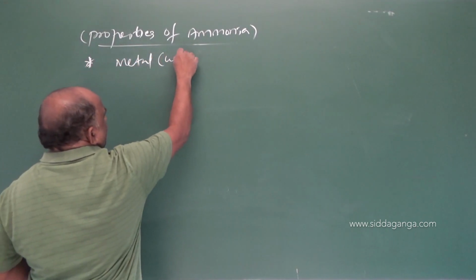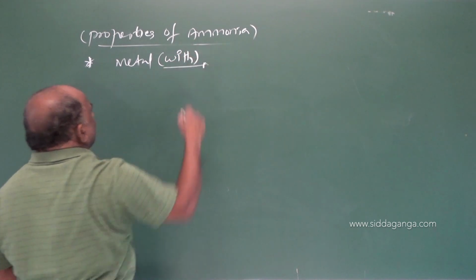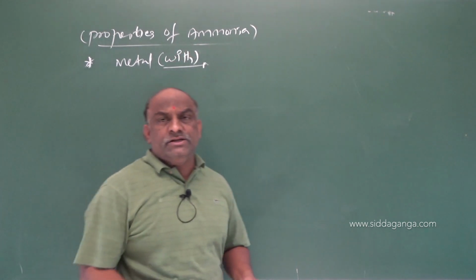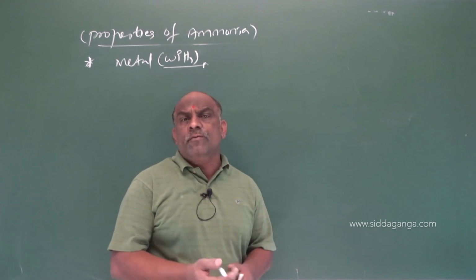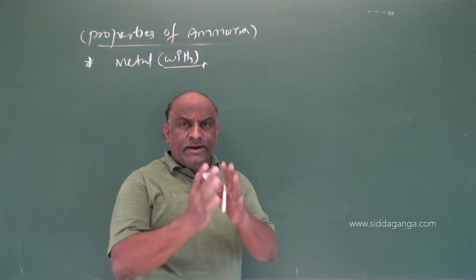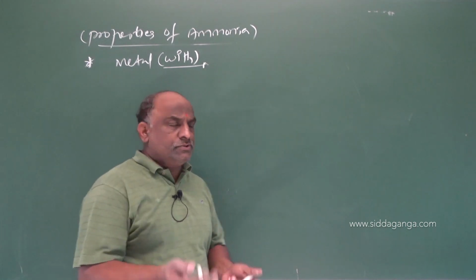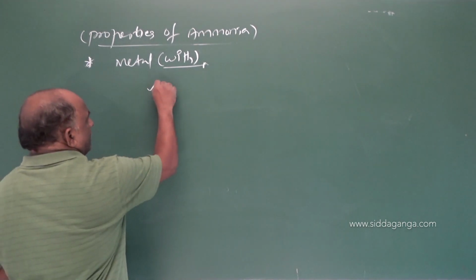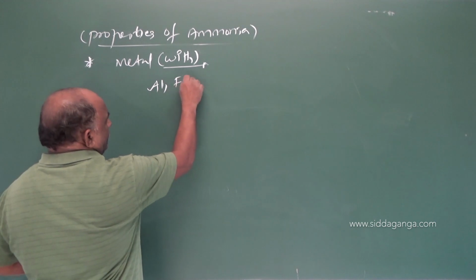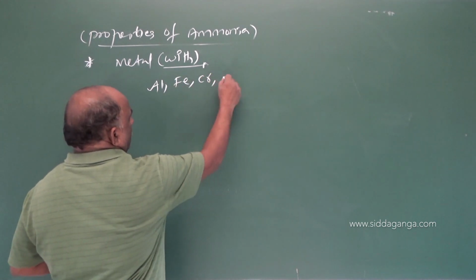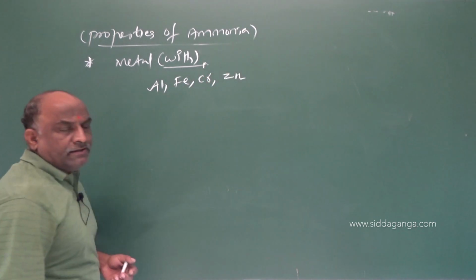Properties of ammonia with metals. Different types of metals are there. Some metals we have to differentiate with respect to reactivity. Suppose you consider aluminum, iron, chromium, zinc.